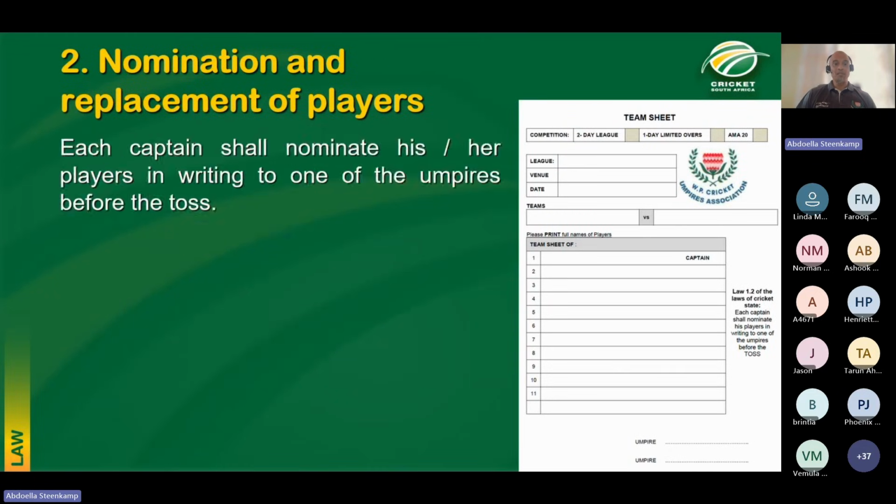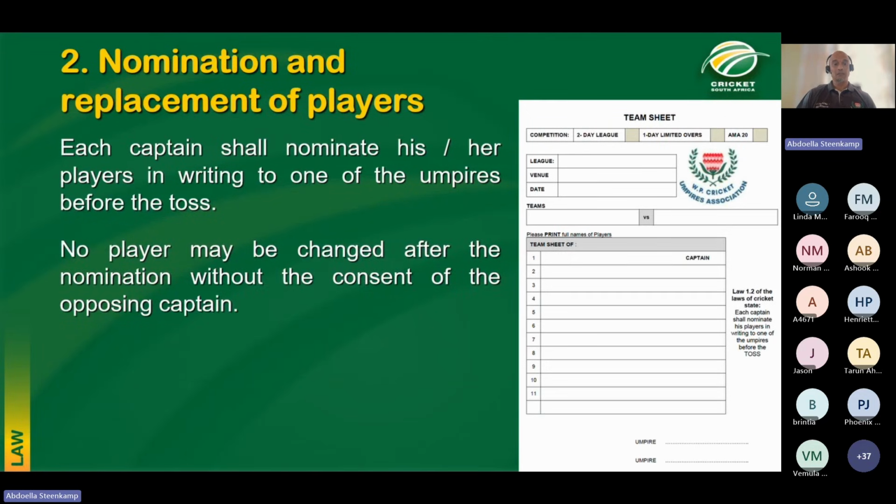When it comes to the nomination and the replacement of players, before the toss, each captain must nominate their players, and this nomination needs to be in writing. On the right is an example of a nomination sheet that we use here for club cricket in Cape Town. Captains need to complete this sheet, and when they come to the toss, they hand this over to the umpires.